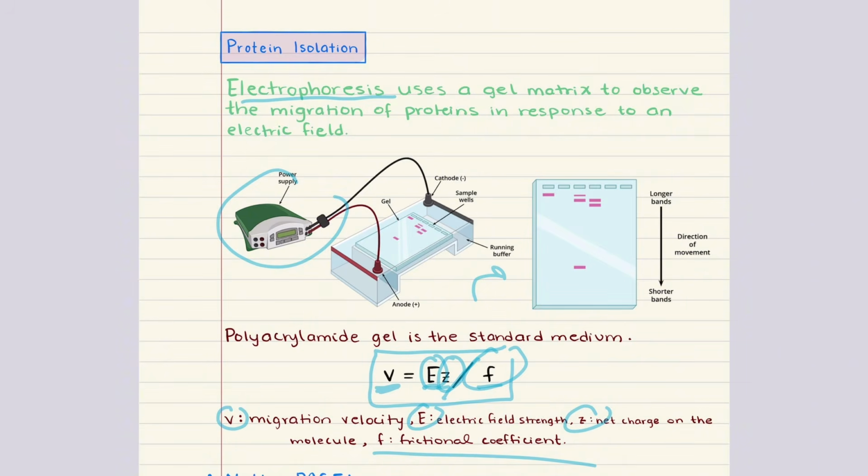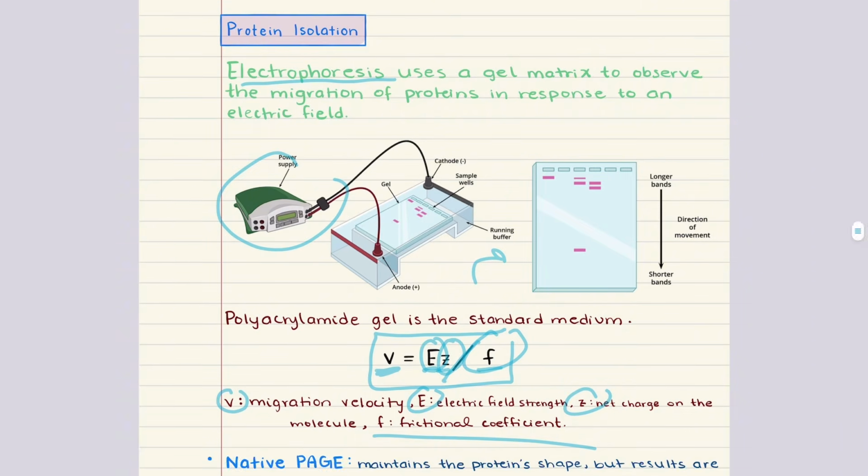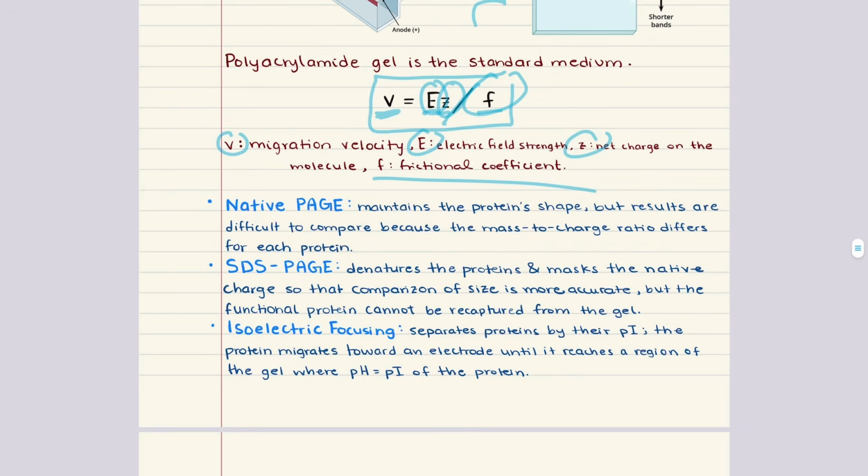Now, the most common gel that's used in this method is polyacrylamide gel, which forms a dense cross-linked matrix that separates proteins based on size and charge. There are 3 types of electrophoresis you should know for the MCAT. The first is native PAGE, or native polyacrylamide gel electrophoresis.